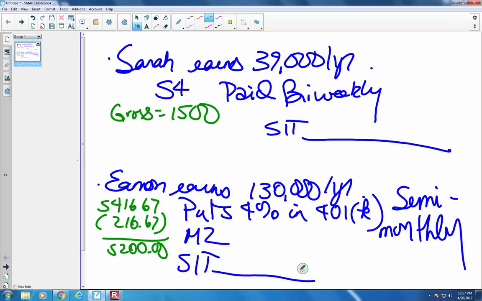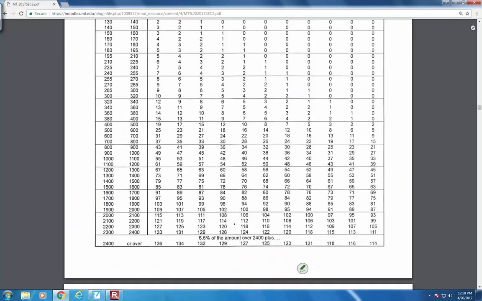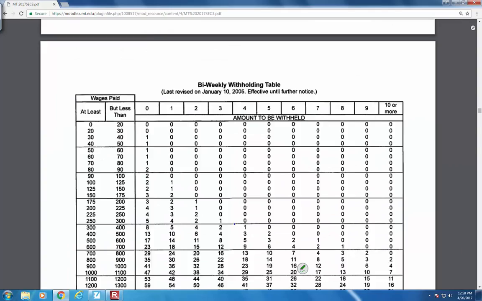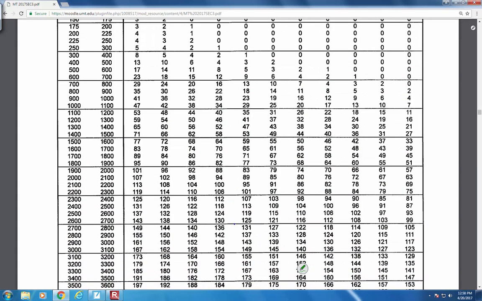So this is what I find the taxes on, right? So let's see. Bi-weekly, 4, and $1,500. I'm going to go across here: at least $1,500, but not more than $1,600.